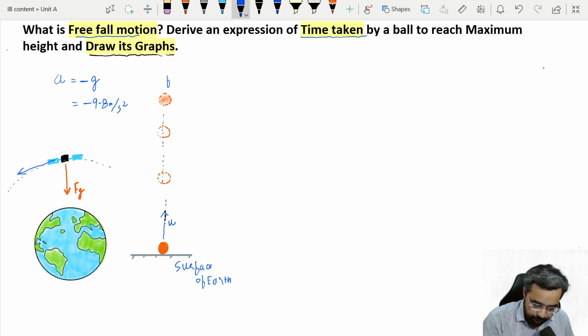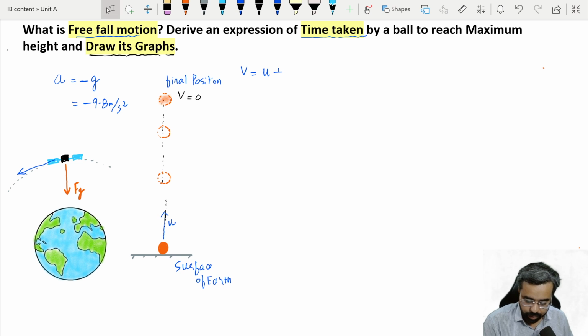So this is the final position if you want to find the time to reach maximum height. At this point, we will suppose the final velocity is zero. And if you want to find out the time, then the most suitable equation that we can apply is v equals u plus at, as it's a uniformly accelerated motion.